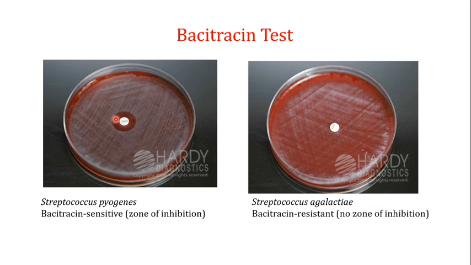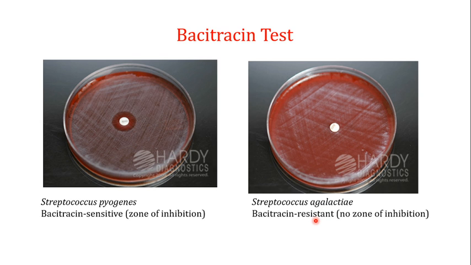You are actually seeing the zone of inhibition. That means that Streptococcus pyogenes is sensitive. If you talk about Streptococcus agalactiae, with the same bacitracin disc applied, you can see clearly in this diagram that there is no zone of inhibition. That means that Streptococcus agalactiae is resistant to bacitracin.